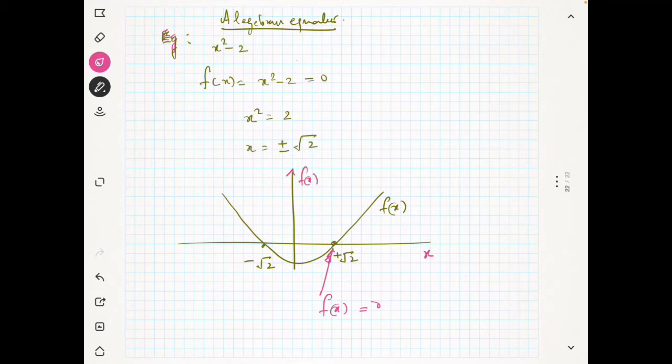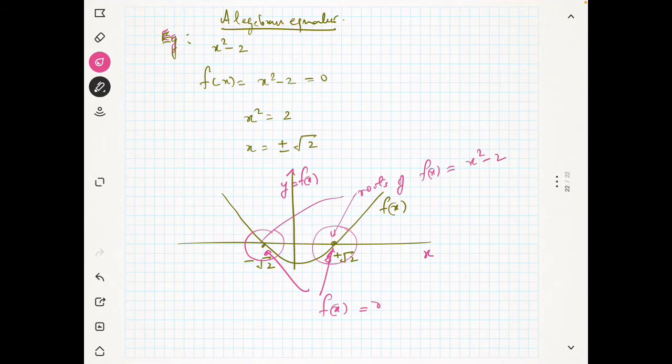So on the y-axis, y is equal to f of x. Okay. So you can see that this is 0, and here also it is 0. So you are going to find where it is crossing. So this is the root of this equation. So we can say that these are all nothing but the roots of this equation f of x, which is equal to x square minus 2.